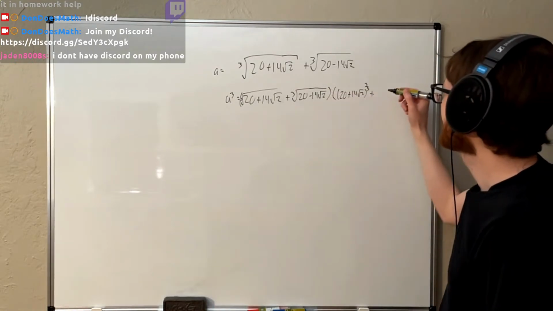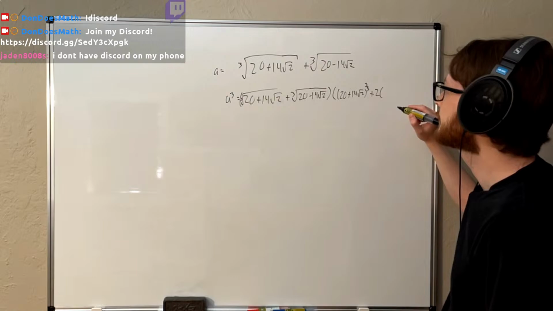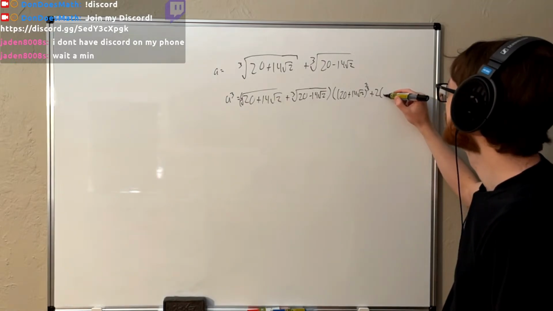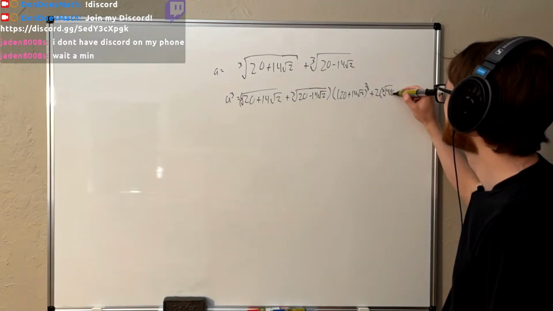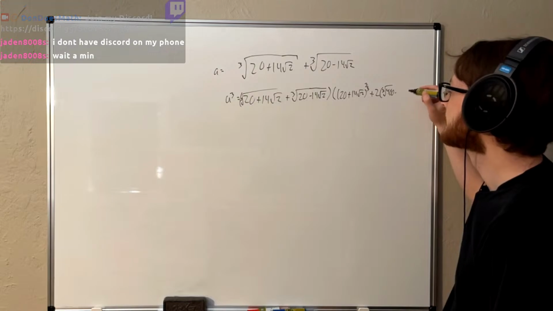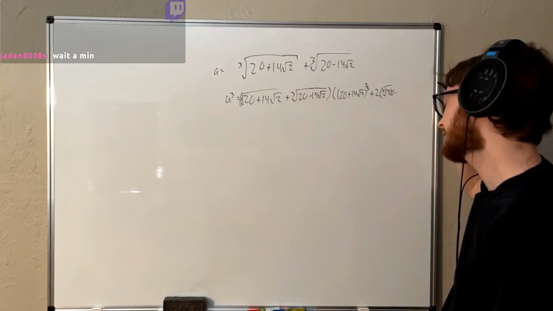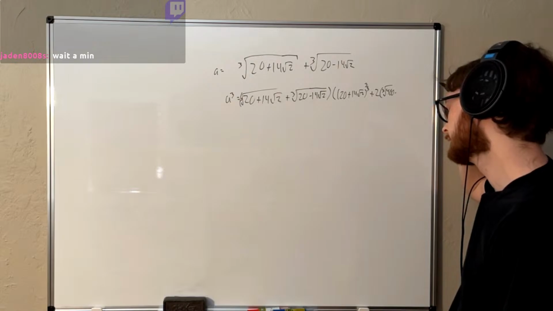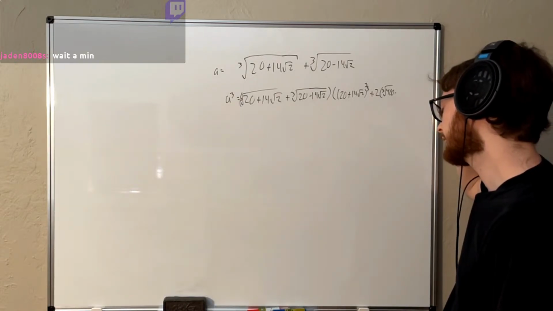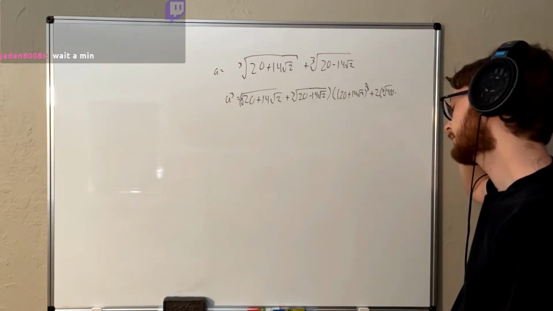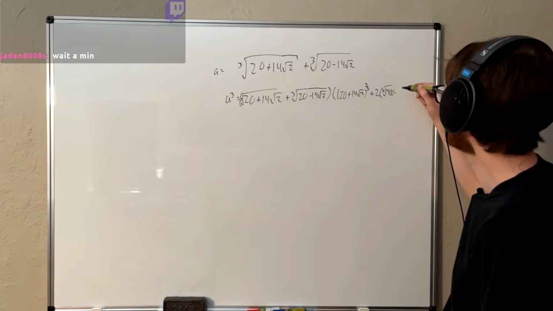Plus 2 times those two things multiplied. 196 times 2. What is 196 times 2? 400 minus 8, right? Which is 392.